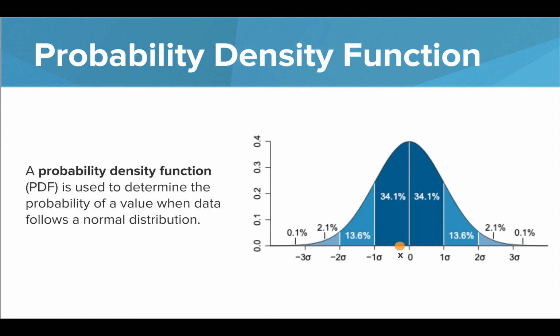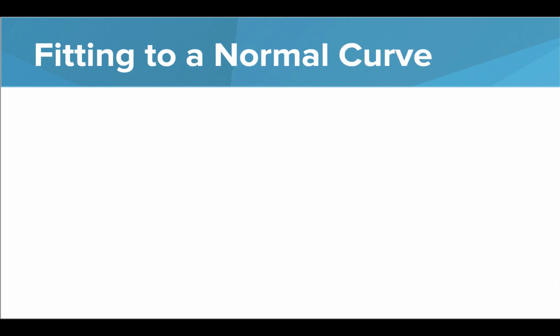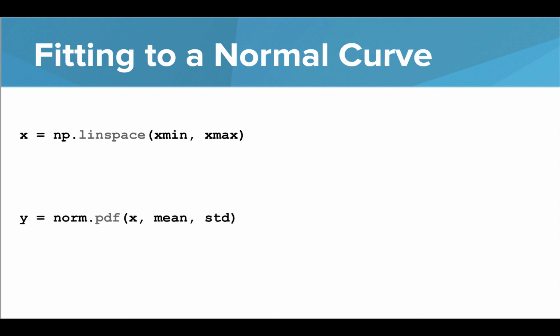Each x value will correspond to a spot on the graph of the normal curve. So we have our x values from earlier. We can now use the norm.pdf function from the SciPy library to calculate the normal distribution. This function takes the x values, the mean, and the standard deviation. Now that we have x and y, we can plot the normal curve.